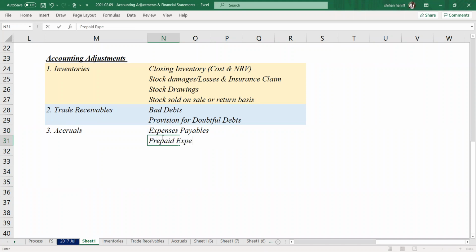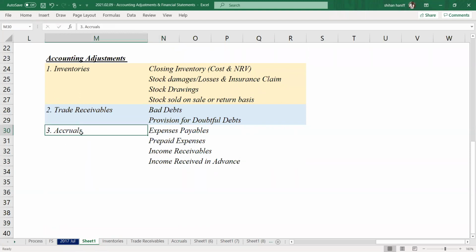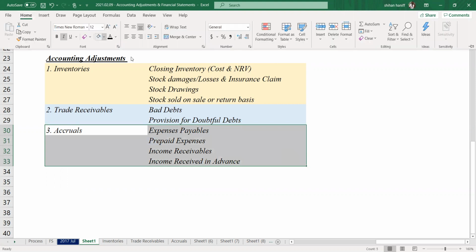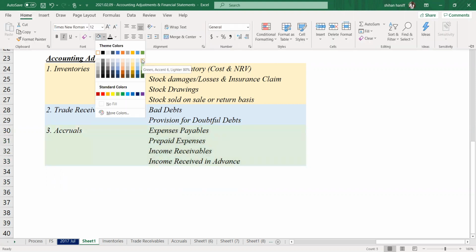And income related, income receivables and income received in advance. So four transactions related to accruals.